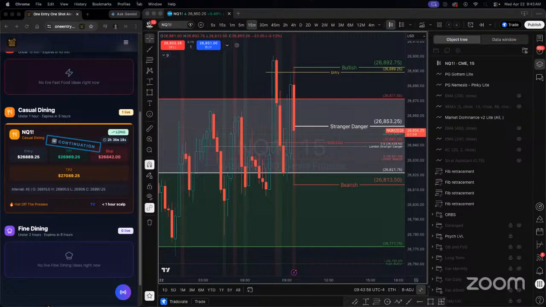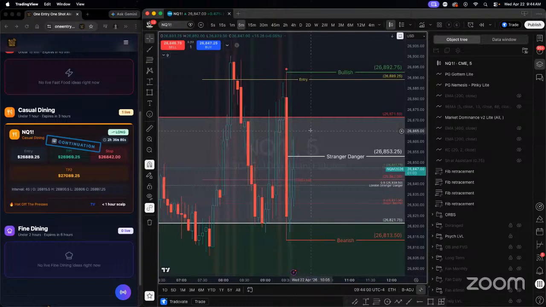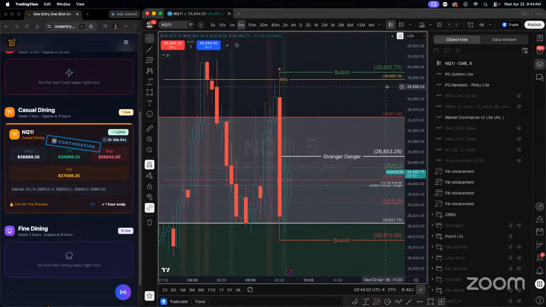No, I won't take a risky trade like that. I was thinking about doing something like this because a 5 minute did come in, right? This one is green, that one is green, and it's basically pushing right back up.